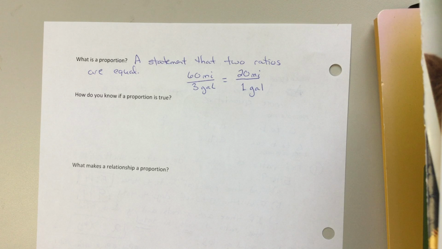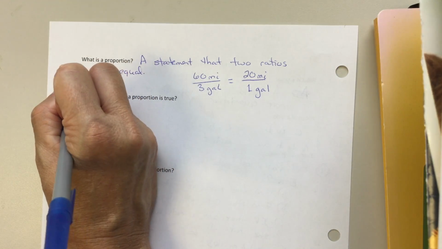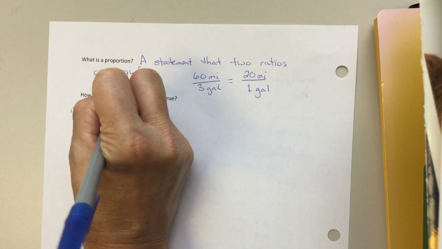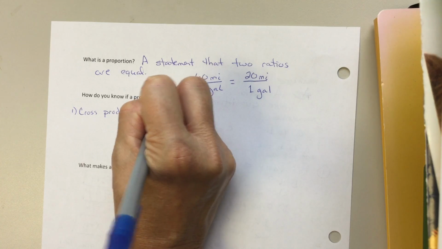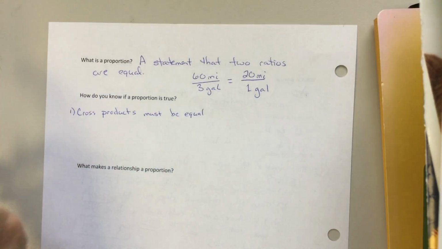So that brings us to the next question. How do we know if a proportion is true? Well, one way we can do is we can check cross products. So one thing is that cross products must be equal. Okay, so by cross products, let me grab a pen here.